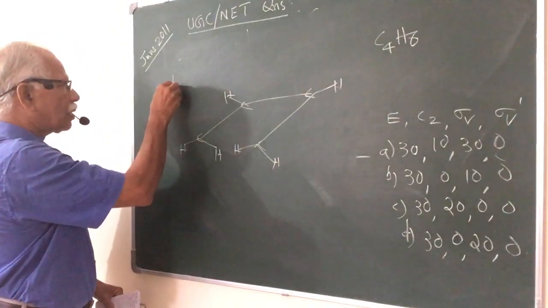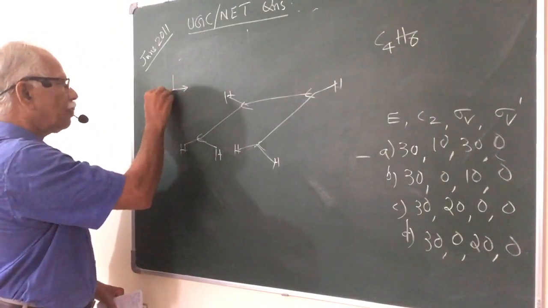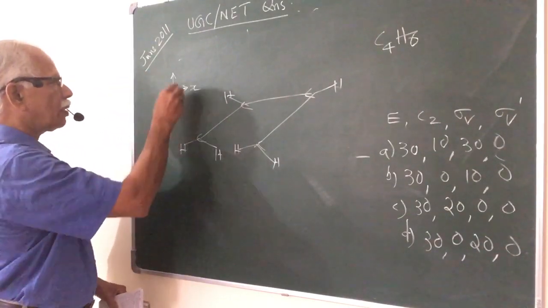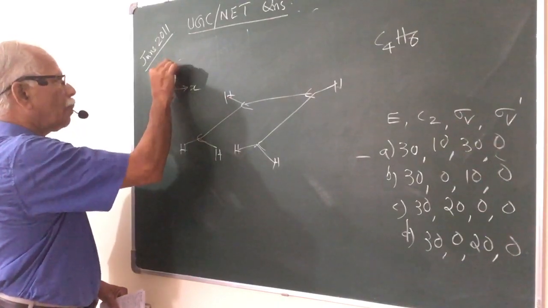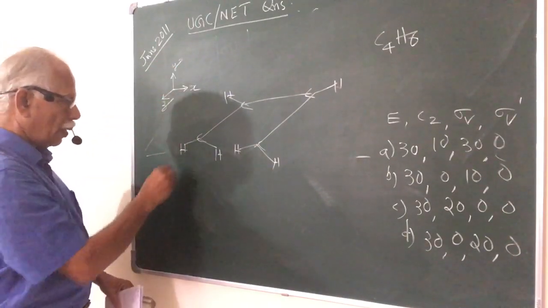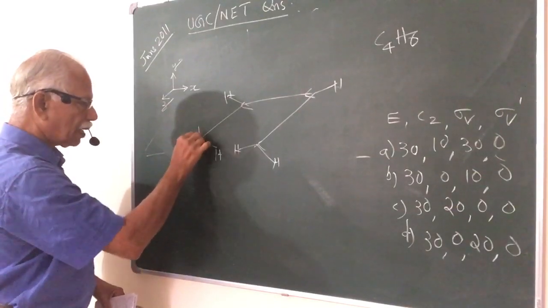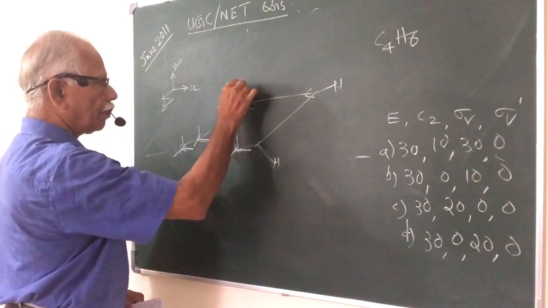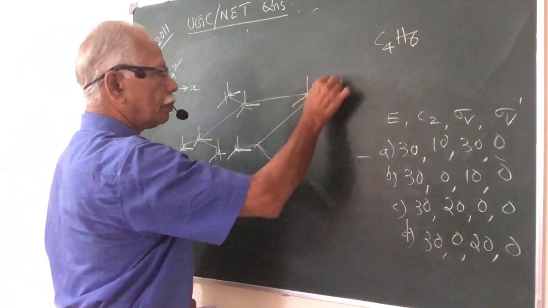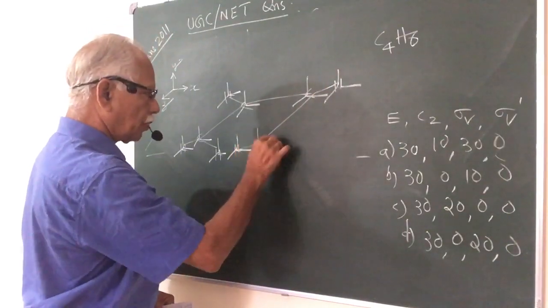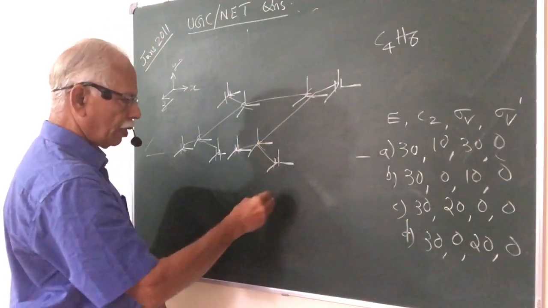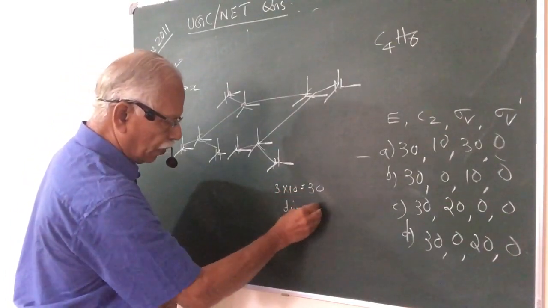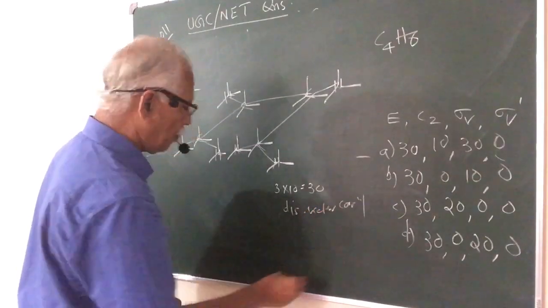Let the displacement vector components about every atom be denoted by 3 arrows in this manner. This is the X component, this is the Y component, and this is the Z component. So about every atom I will draw 3 such vector components, making a total of 3 into 10, or 30 displacement vector components.